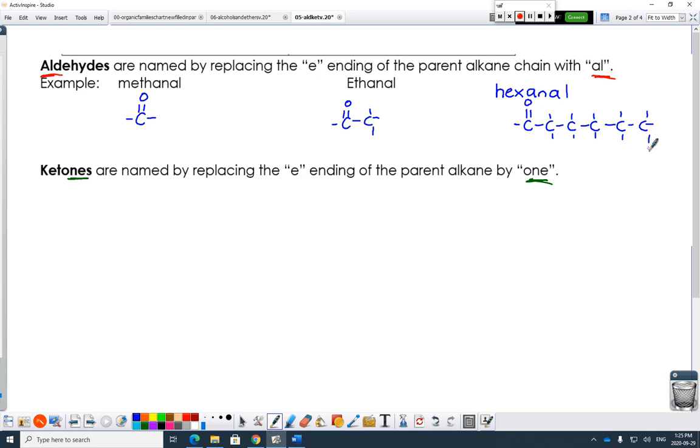How much room do you guys have here? So for a ketone, you have to say the lowest number where the C double bond O is.